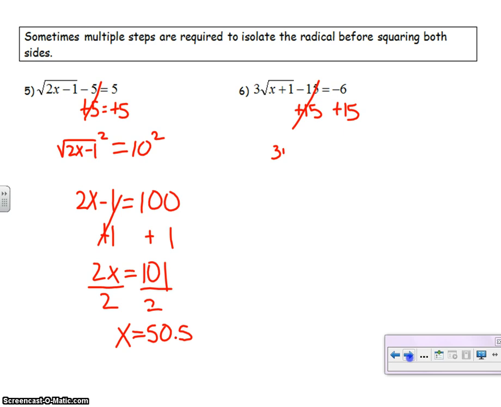So we're left with 3 times the square root of x plus 1 equals 9. And then we'll divide both sides by 3.